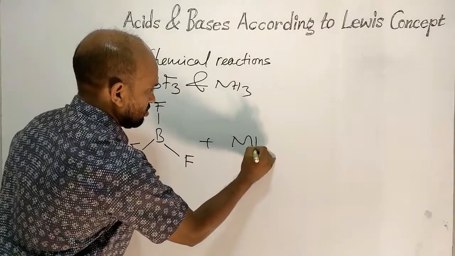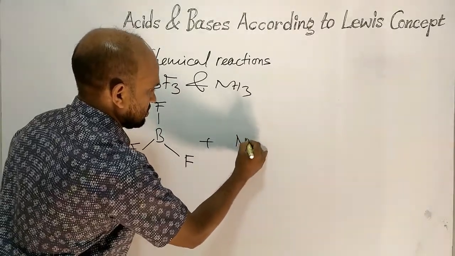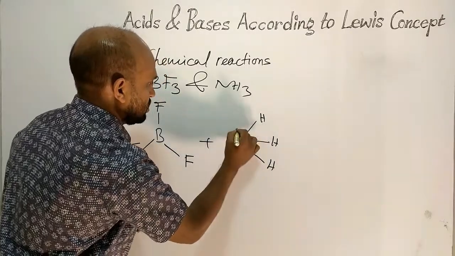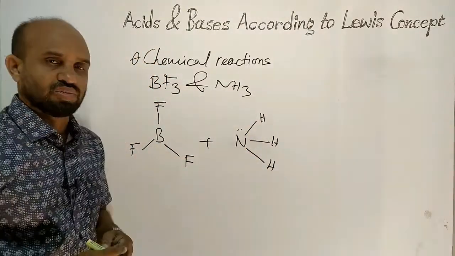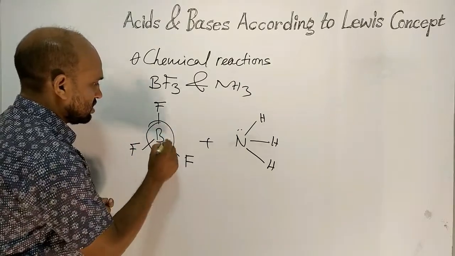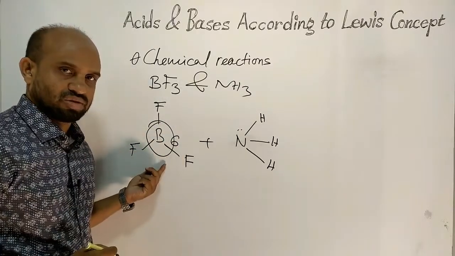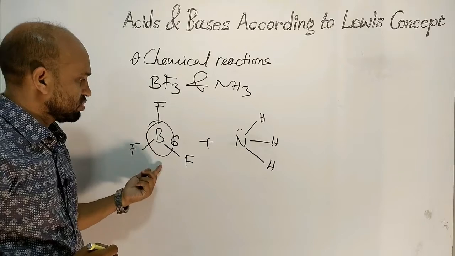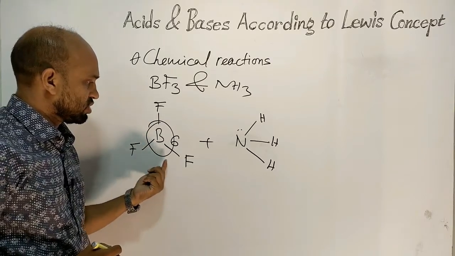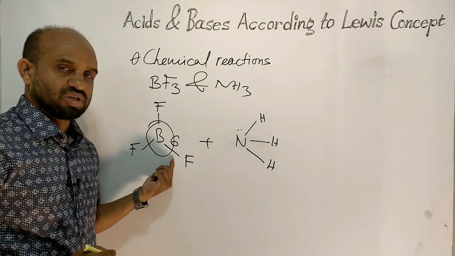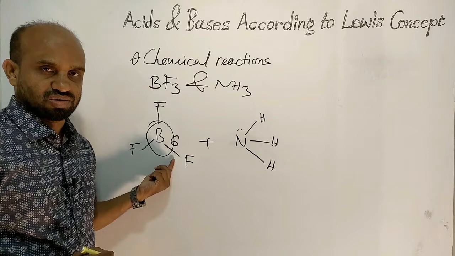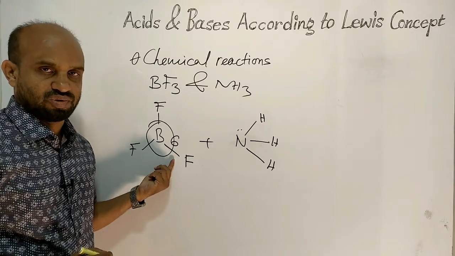And this is ammonia, with lone pair of electrons. Around boron there are 6 electrons. This is covalent compound. This is one covalent bond, another covalent bond, another covalent bond. So in the outermost shell of boron there are 6 electrons, which is not octet fulfilled.